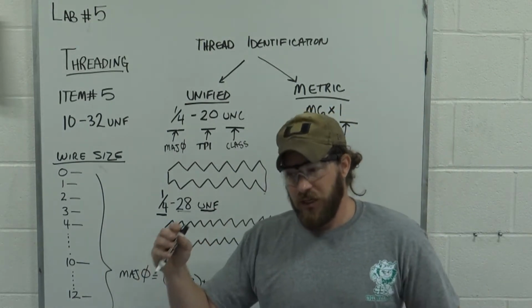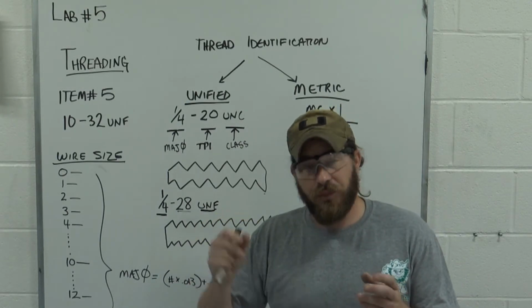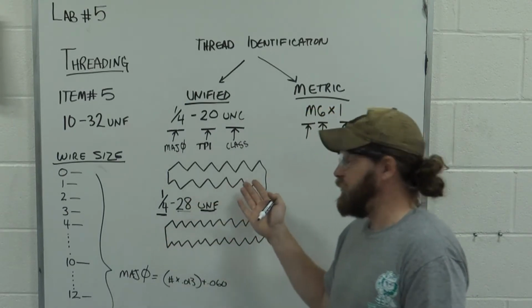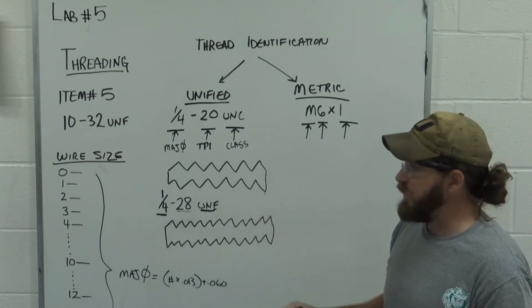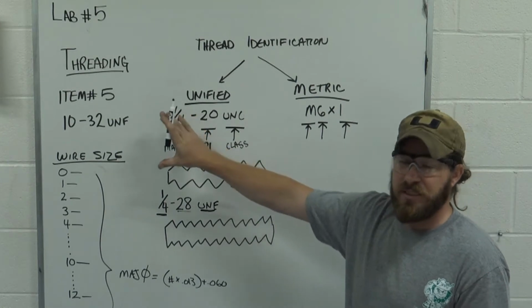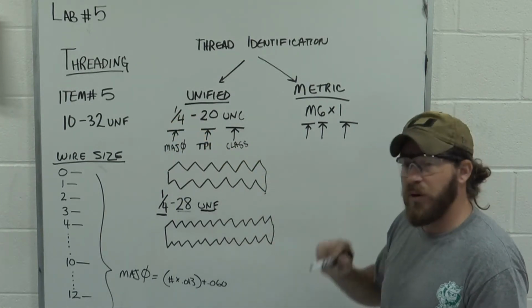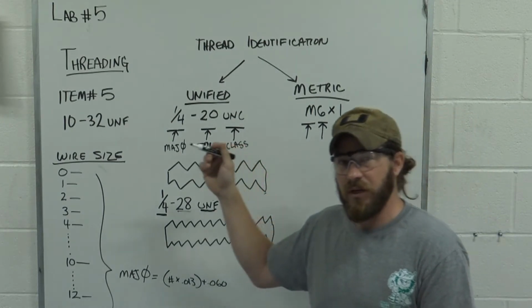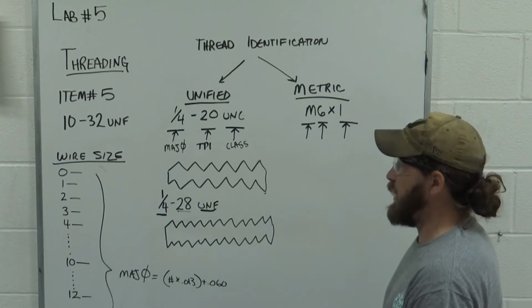They do that so it's a little bit smaller than what it needs to be, so when you thread it into the nut, there's not as much resistance. If they made it an exact quarter inch, the crest would dig into the root of the nut, and it would be very difficult to screw together.